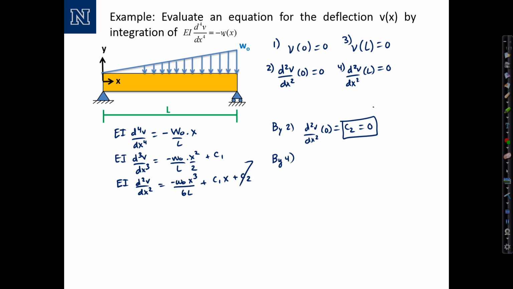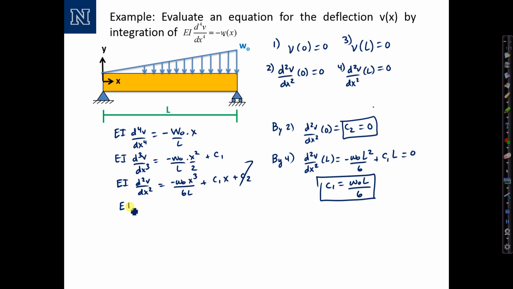Next, let's look at the fourth boundary condition. d squared v by dx squared evaluated at L is equal to 0. It computes to negative w naught L cubed over 6L, so w naught L squared over 6, plus c1 times L equals 0. That tells us that c1 equals w naught L squared over 6L, which is equal to w naught L over 6. So that's the value of c1.